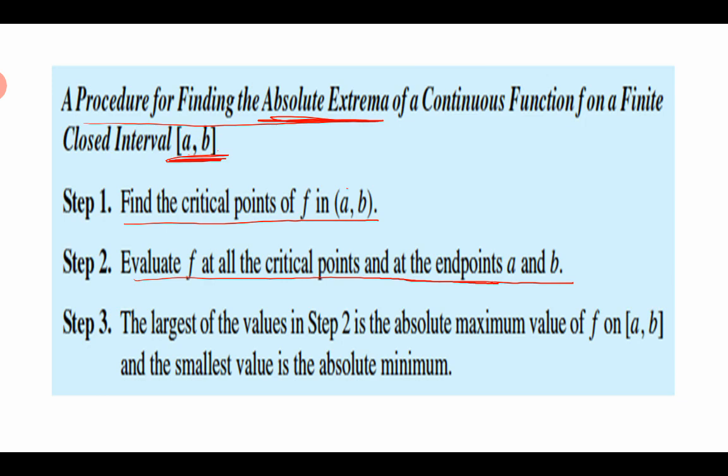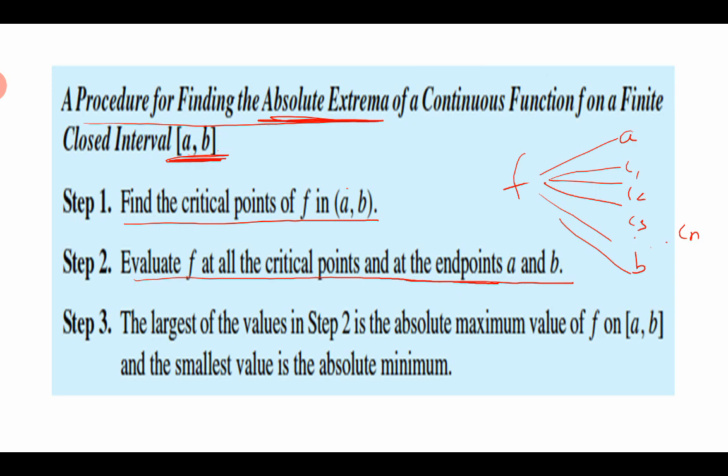And we calculate f at all points: the left endpoint a, critical point 1, critical point 2, critical point 3, and finally b. There can be many critical points in some problems, and at every point we find the value of f, out of which the maximum value will be the absolute maximum and the minimum value will be the absolute minimum. That is the third point.